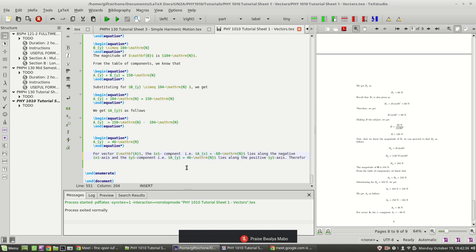Therefore, vector A lies in the second quadrant of the XY plane.